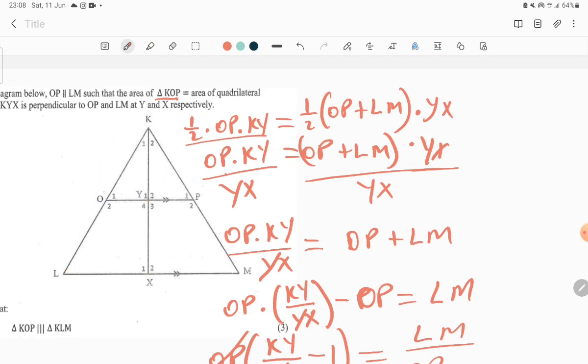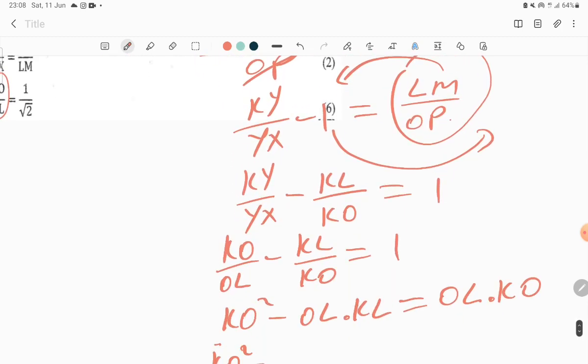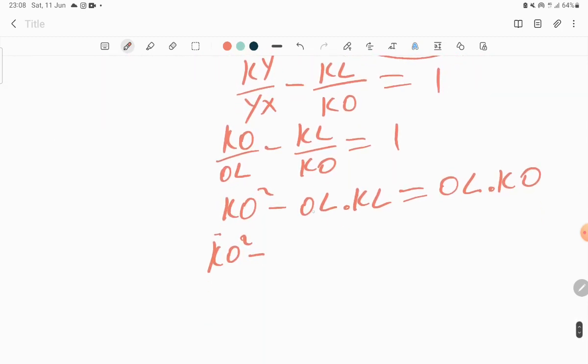OL is equal to KL minus this portion, which means KL minus KO. So in the place of OL I can just say KL minus KO.